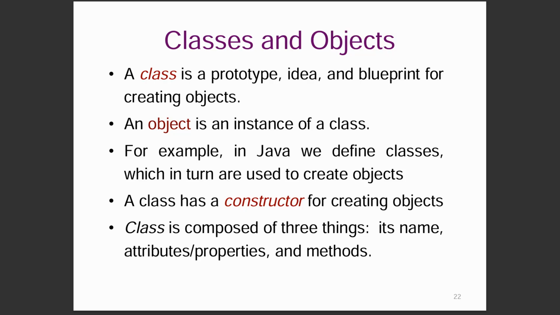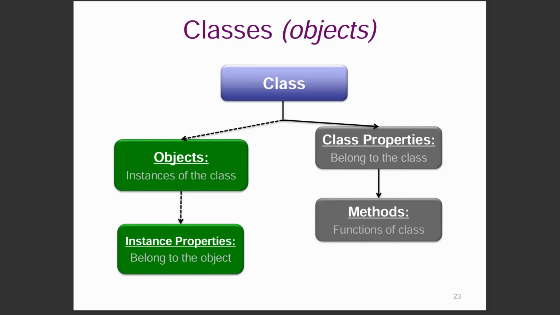The classes are comprised of three things: the name, the attributes or properties, and the methods. So you can say public class, class juice, and then there are several things that you can do there. That is the key component here about classes.